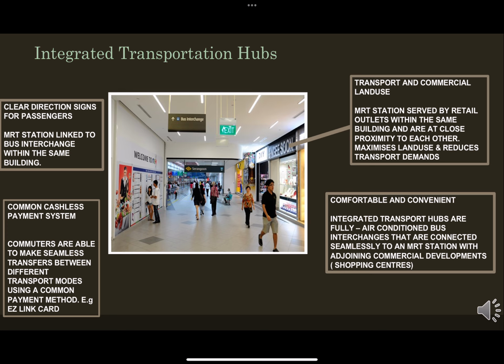For example, if you buy something on your way home while you are commuting, okay, it not just saves you time, it also saves you a trip just to go to a shopping mall that is far away from the transport hub. So in so doing, you will see that we are maximizing the land uses within Singapore. Okay, within reasonable consideration, people who need to do their shopping, they can actually do it while they are commuting.